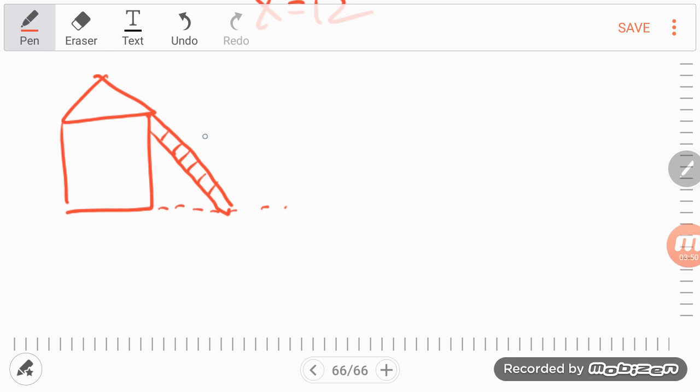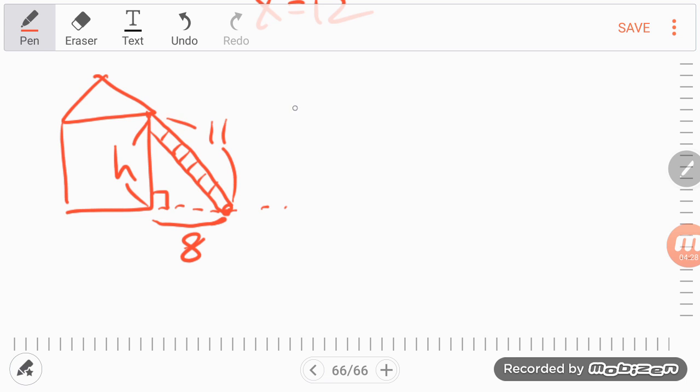They said the ladder is 11 meters long, maybe, and this is going to be a right angle for us because the wall makes a 90 degree angle to the ground. Let's say the bottom part is about 8 meters away. They want you to find the height of the wall, something like that. You will come across word problems like this in this exercise, but it's pretty easy.